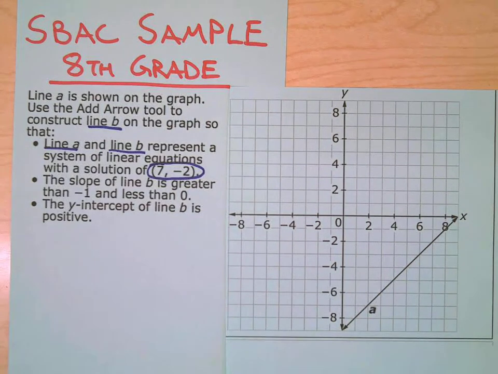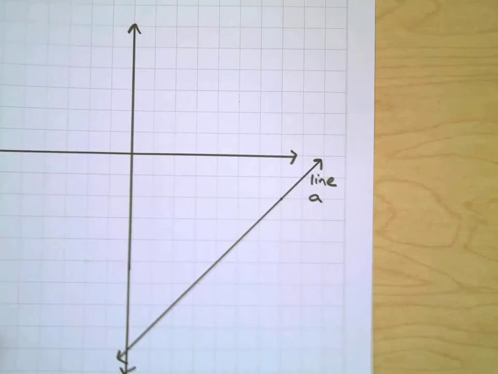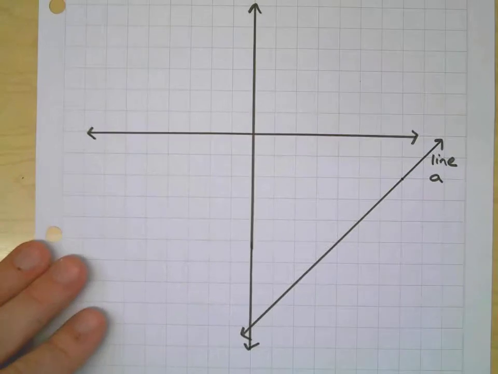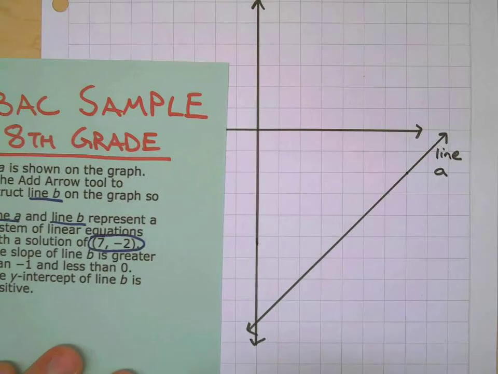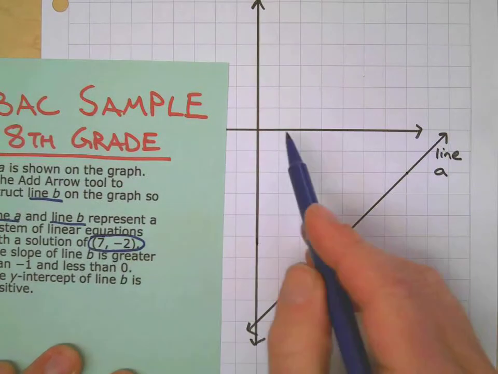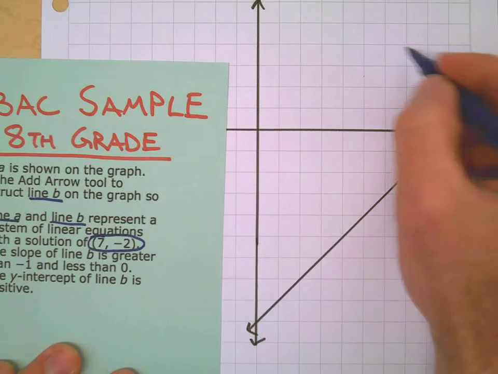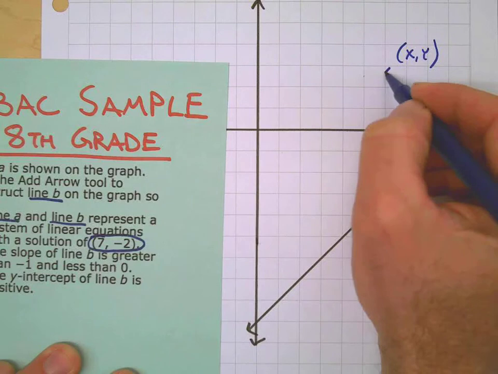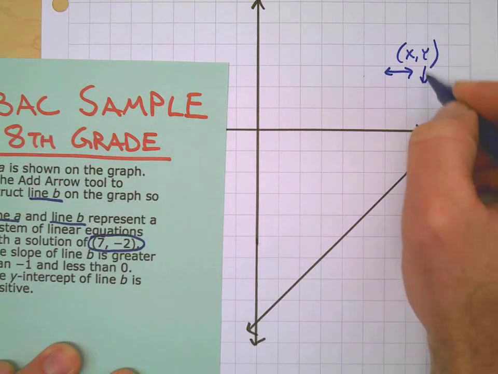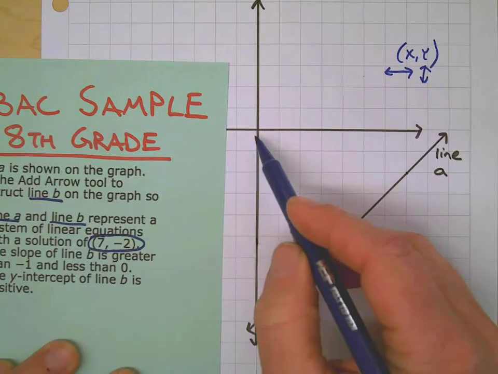Okay, let's work one thing at a time here. Here's an enlarged version of the graph so we can see it a little better. The first thing we need to do is locate this point. Of course, all your ordered pairs are in order, X and Y. That's left and right, that's up and down.